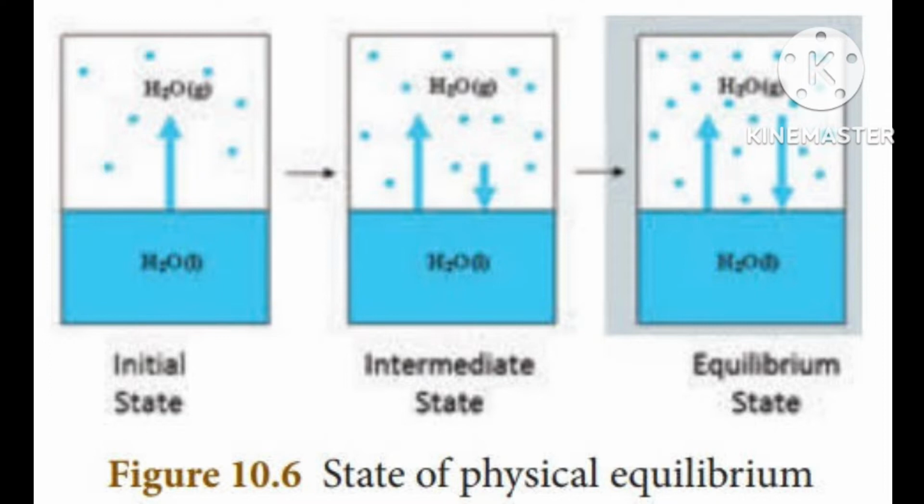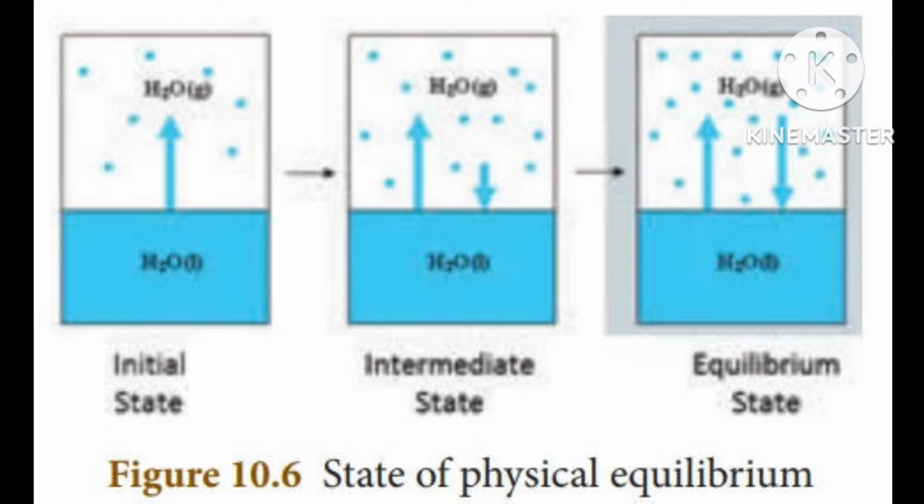Vapor pressure of water increases with temperature. Obviously, if you warm the water, it will vaporize more, then the pressure will be more. That's why vapor pressure of water increases with temperature.